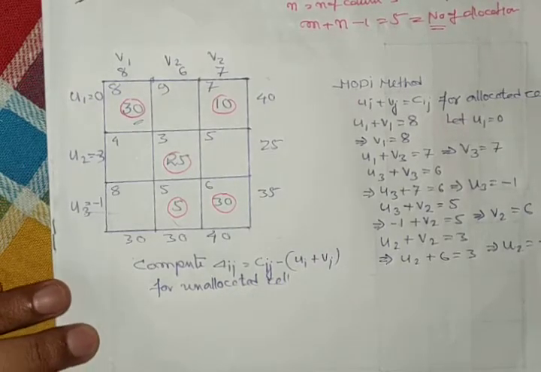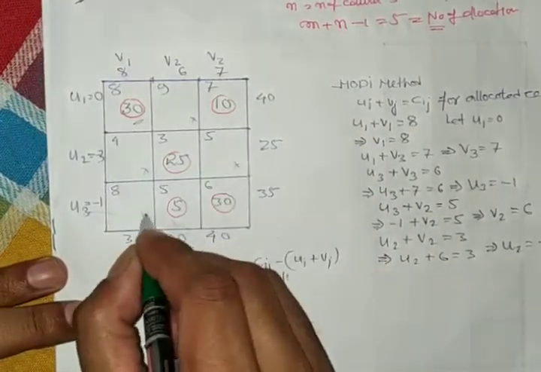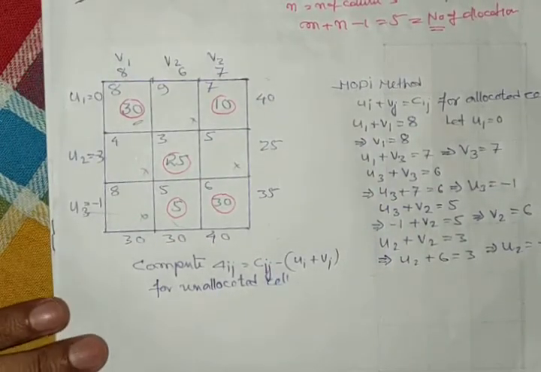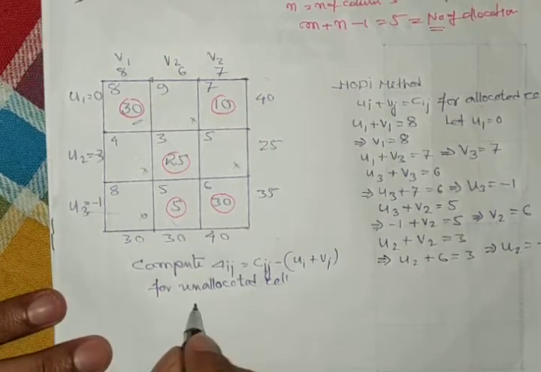So here the unallocated cells are this one, this one, this one and this one. So let's find out.